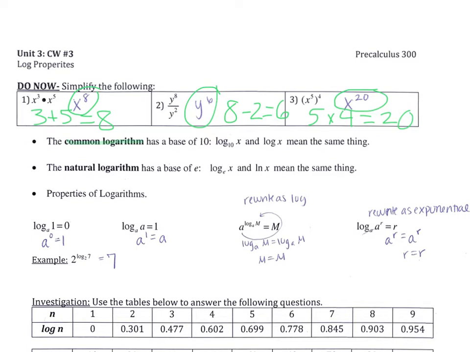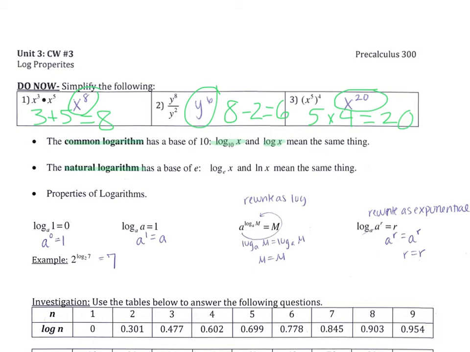If we don't specify what base it is, we're going to assume that it's base 10. So that's why here we can just say that log x is the same as log base 10 of x. Same thing, okay?